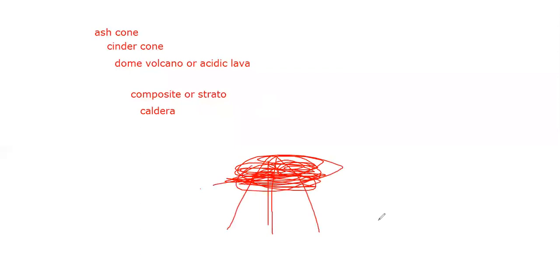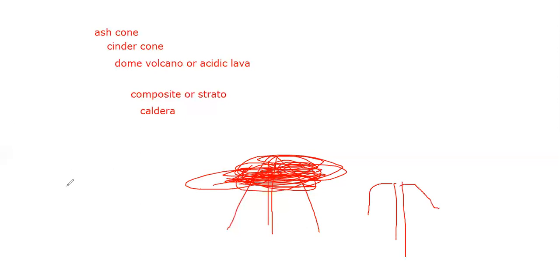Everything. So it's just left like this. Just left like that. So it's normally a wide opening.